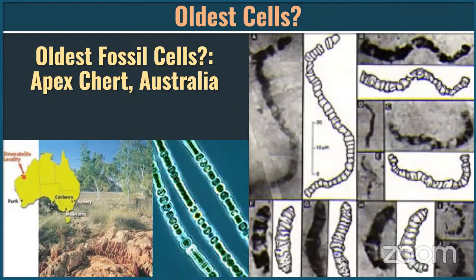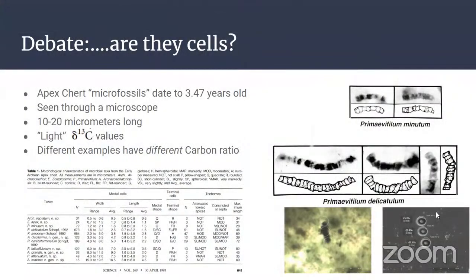We go to the Apex chert. Chert is essentially a type of rock. So this is our fossil location, and this is what they found by sectioning some really, really thin rocks. And they've looked at them in various ways at this point. But one of the more recent things they did, I think, was put it through a scanning electron microscope.